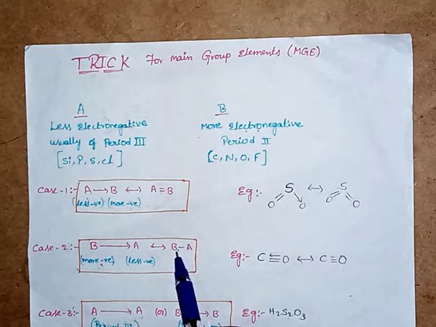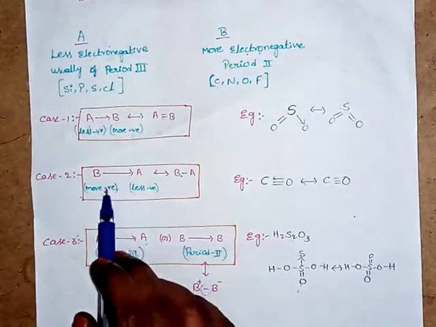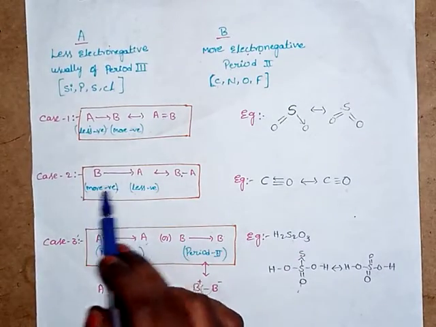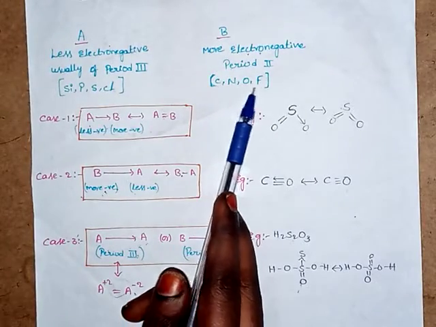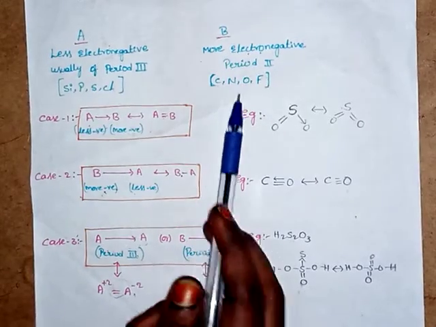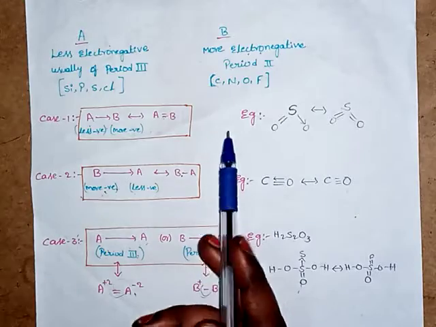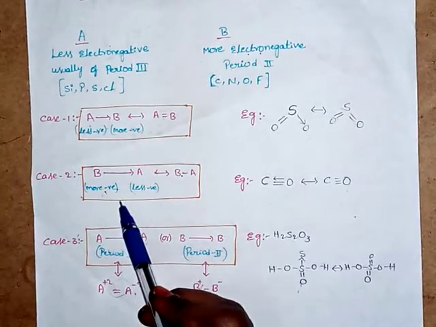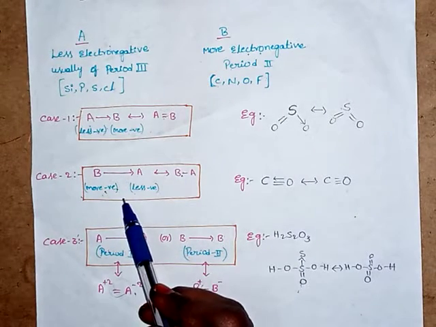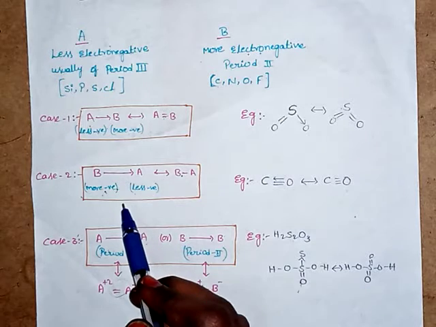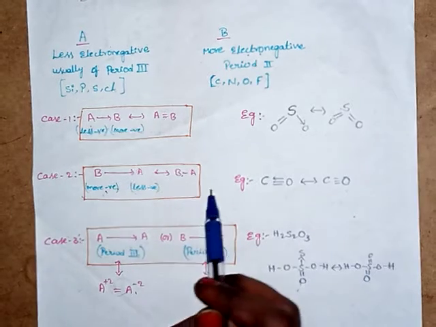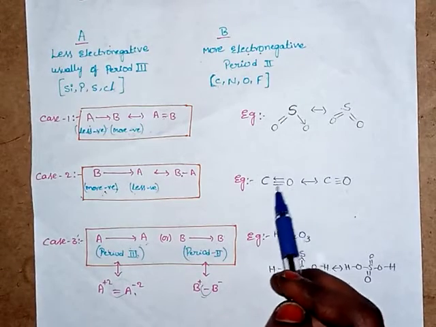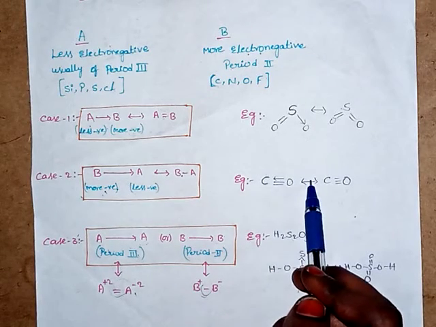Next, coming to the second case: the more electronegative atoms are carbon, nitrogen, oxygen and fluorine, from period 2. There is no d orbital, so it will form the carbon and oxygen bond.